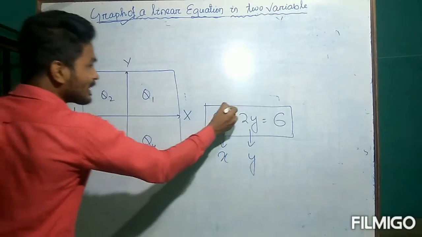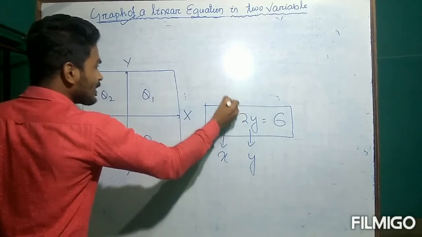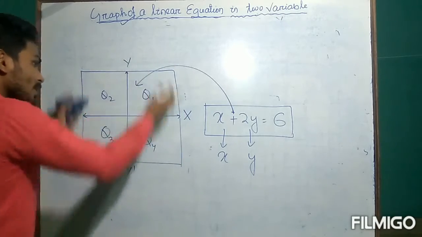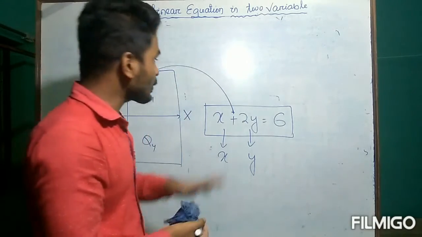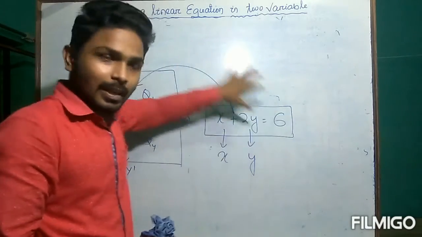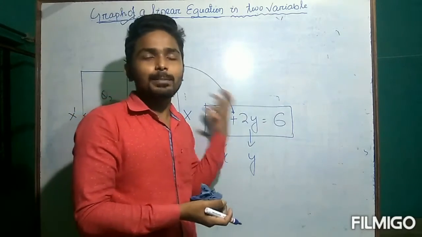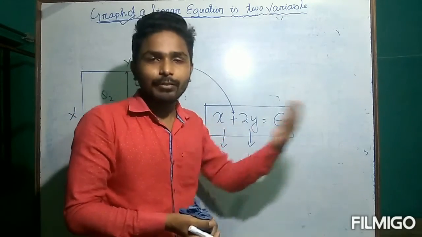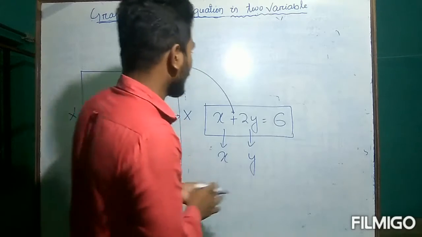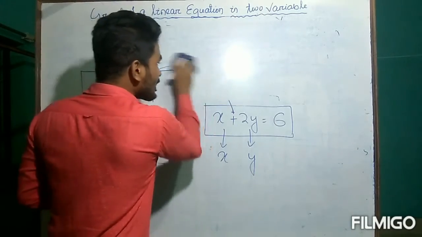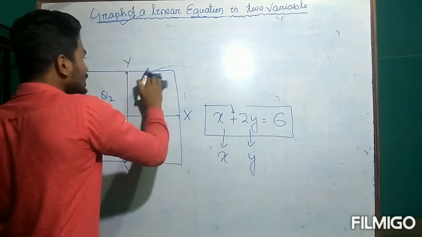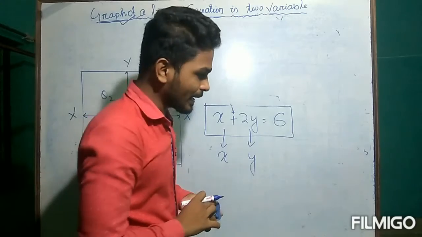Now we have to show this equation in this Cartesian coordinate system. How can we represent this linear equation in a graphical form? Let's see, as we discussed in chapter 3, coordinate geometry.